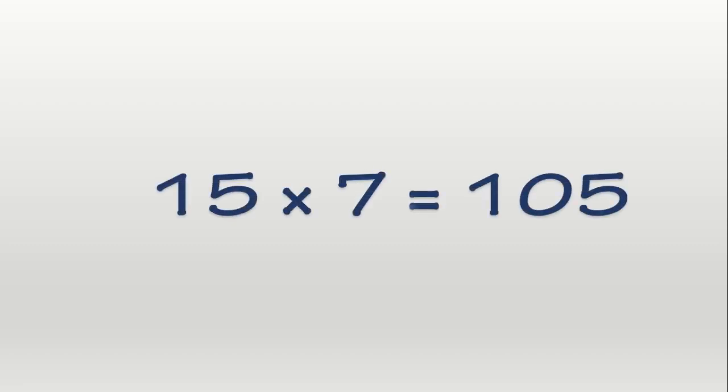Time up. Okay, let's see the answer. The product of 15 and 7 is 105. Alright, so how many of you have got this answer? That's very good. I'm very happy for you all.